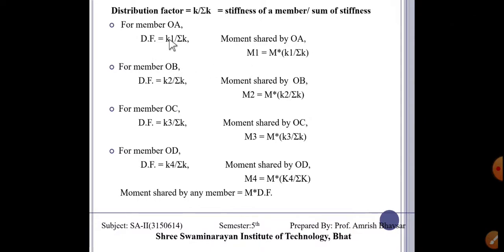For the member OA, the distribution factor is K1 upon sigma K. For OB, it is K2 upon sigma K, again K3 upon sigma K, K4 upon sigma K. All the joint moments we can carry out using the distribution factor, and once we have the distribution factor and the carryover factor, then we can calculate the whole system, that we know.